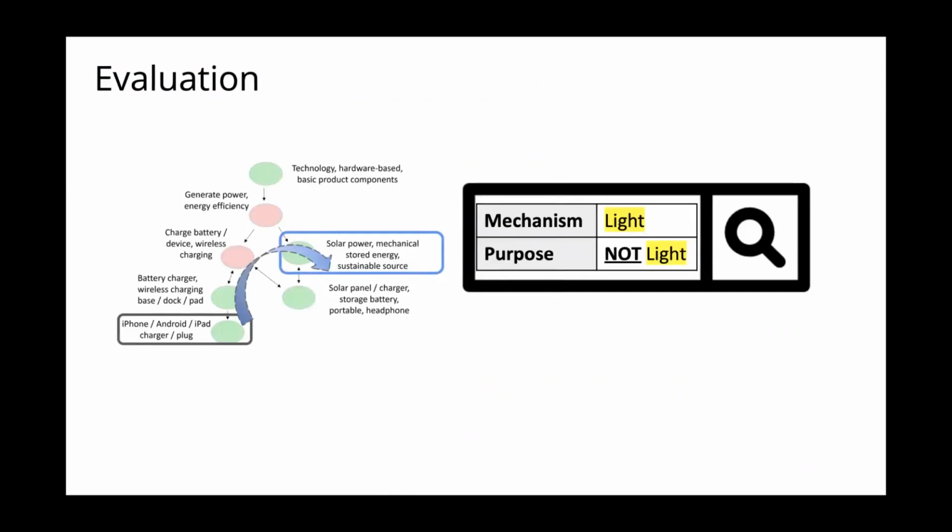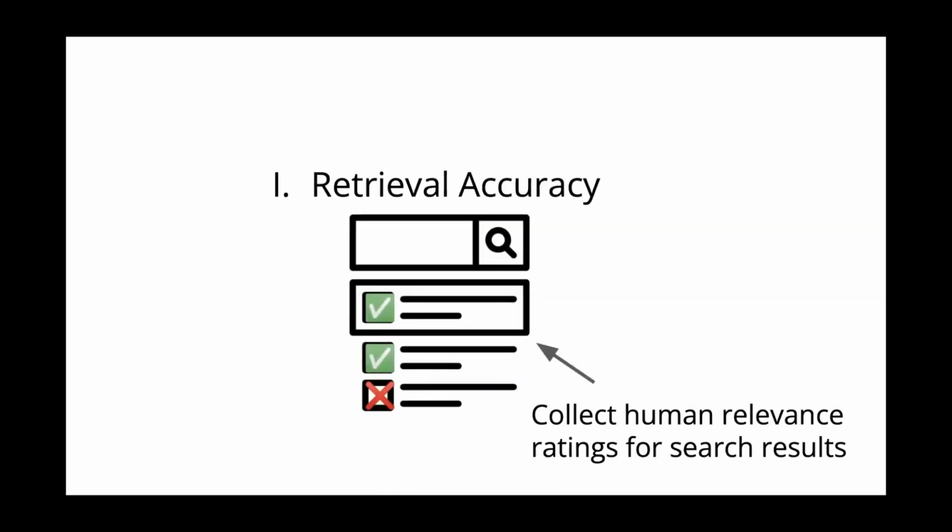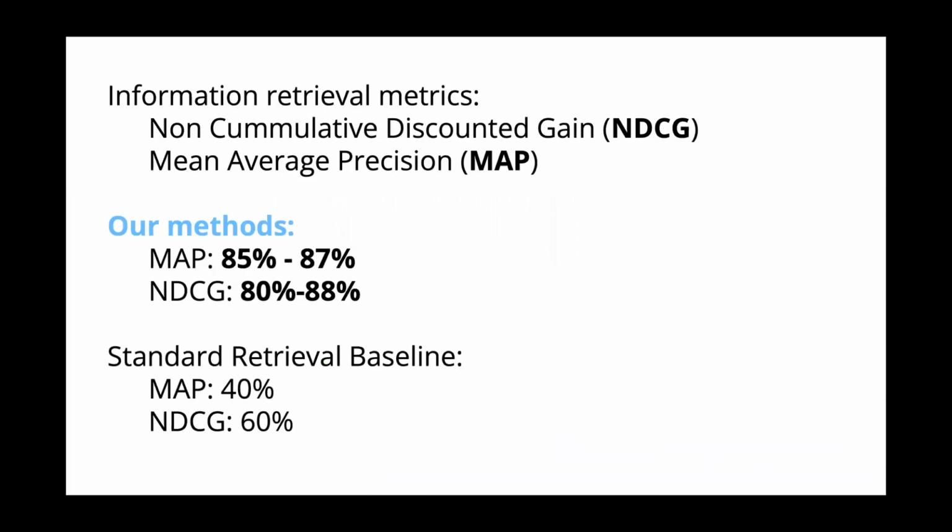So we have these two core capabilities. How do we evaluate them? First, we measure retrieval accuracy for those queries that involve purposes and mechanisms by collecting human relevance labels for search results. And using standard information retrieval metrics, we find our approach to yield much higher search result accuracy than retrieval baselines.